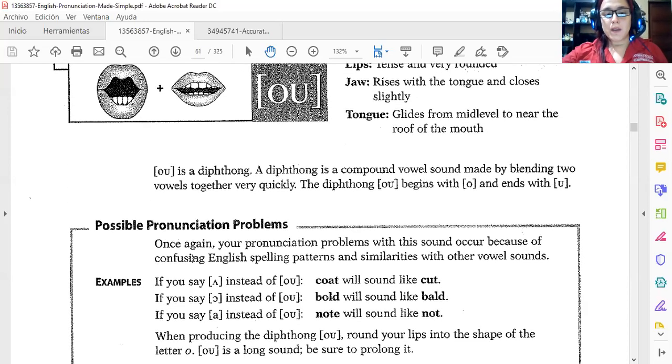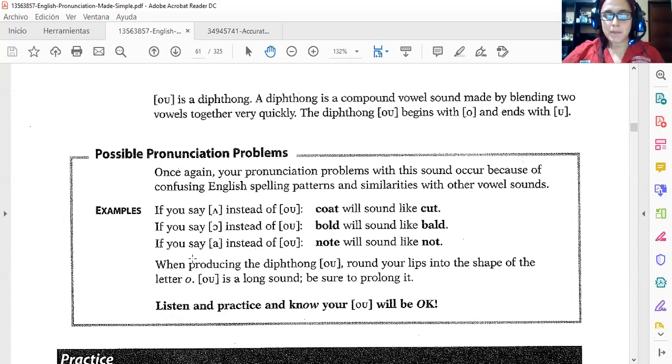So this is a blending of two vowels, as I said, and some of the most common problems people may have, and this is not only for Spanish speakers but for everyone, is that it is going to be difficult to make that discrimination, listening discrimination, or the vowel production of some of these words you're going to see now, like when you intend to say coat, but at the end you say cut, or when you want to say bold and you say ball, with the other one, which is the open O that we're going to see later.